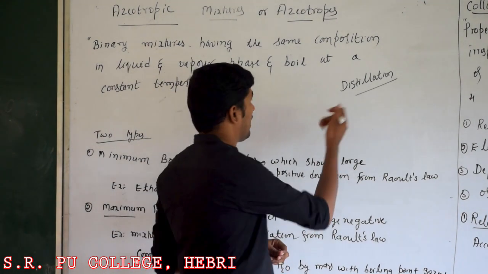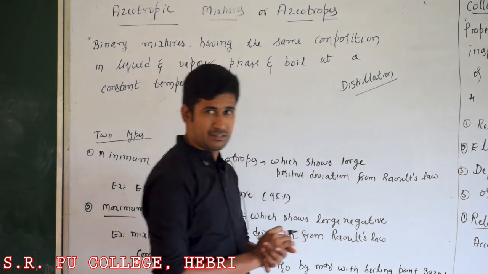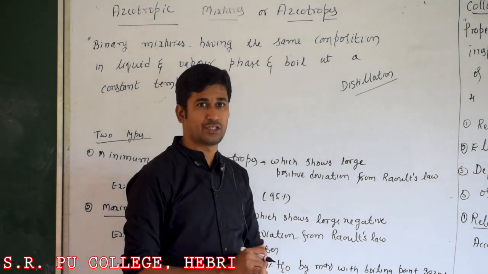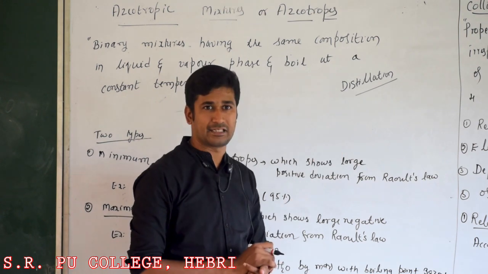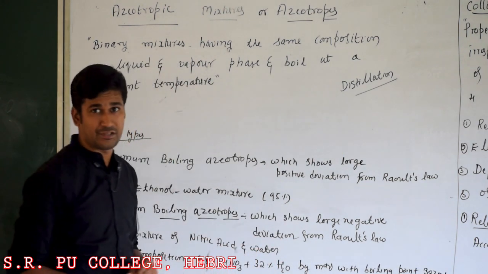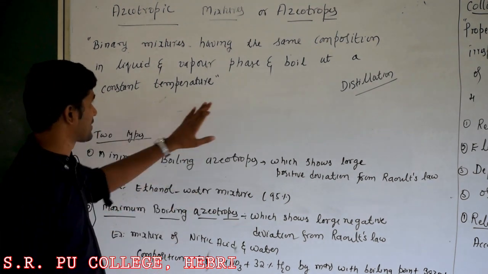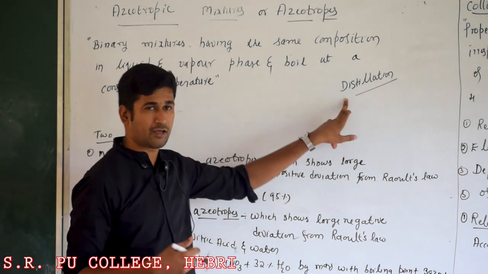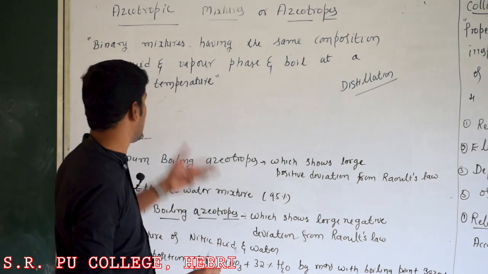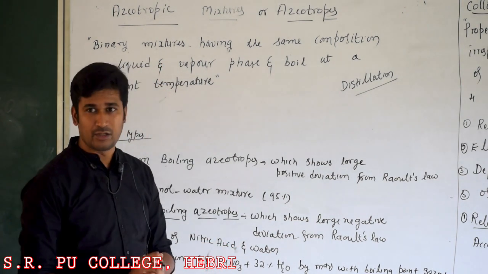In non-ideal solutions, we can separate the components of liquid solutions using the distillation process. But there are some solutions which cannot be separated using distillation. You cannot use fractional distillation or any other type of distillation for the separation of those components.